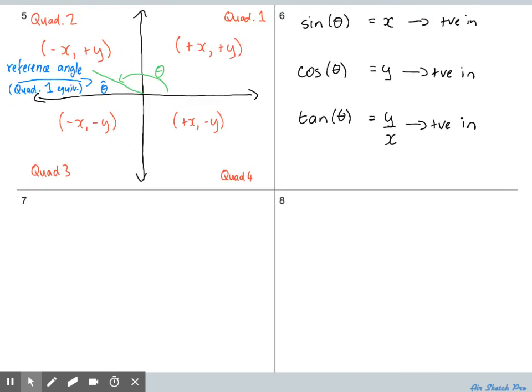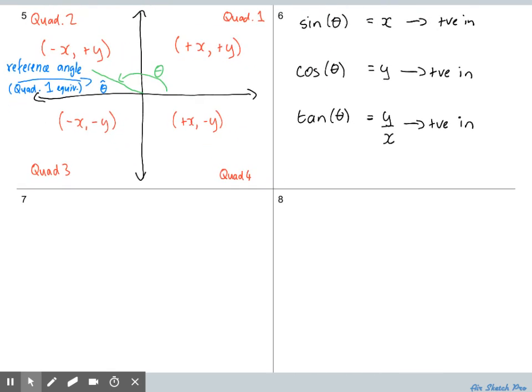So the sine, cos, and tan of theta is going to be the same as the sine, cos, and tan of theta hat, except that the coordinate system will affect the sign of the value. So if I knew that the sine of 16 degrees is 0.2, I don't know, just making it up.